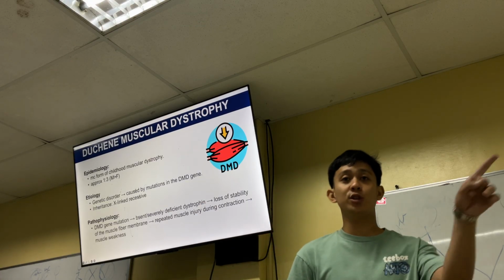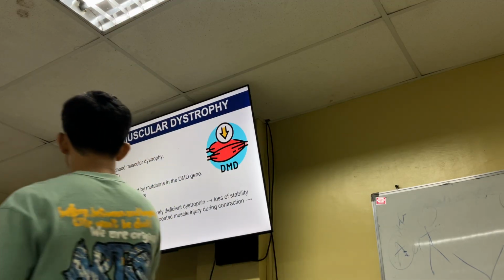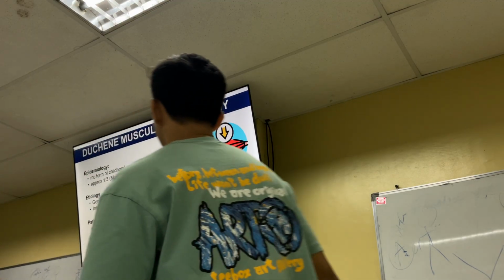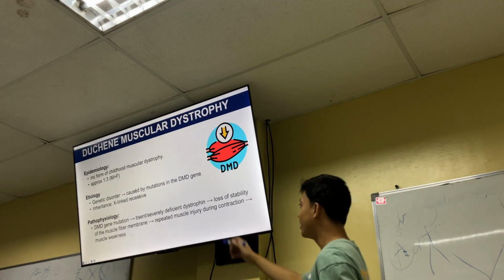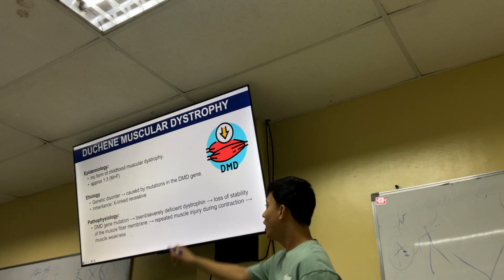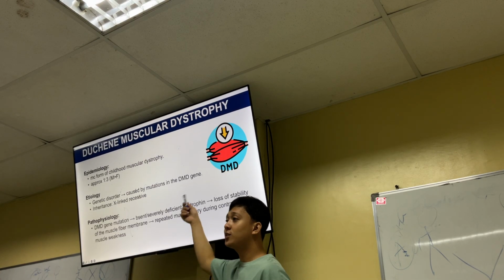Pathophysiology. Again, a mutated gene. For example, a mutated X chromosome. Absent or severely deficient dystrophin. So guys, if you have a mutated gene, it might lead to an absent or severely deficient dystrophin.